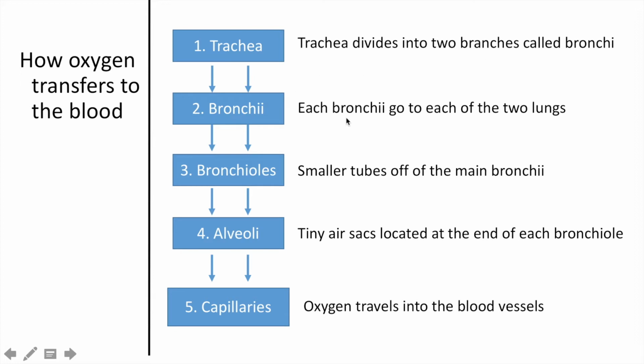Each of the two bronchi will go into each of the two lungs. Smaller tubes that branch off from the main bronchi are called bronchioles. And then on the ends of those are tiny air sacs. These air sacs, or alveoli, are then flush. They are next to capillaries, and the oxygen will be able to travel into the blood vessels.